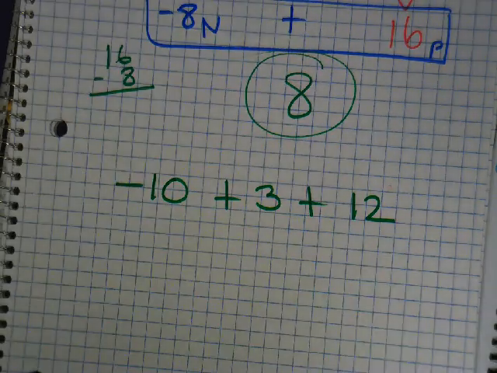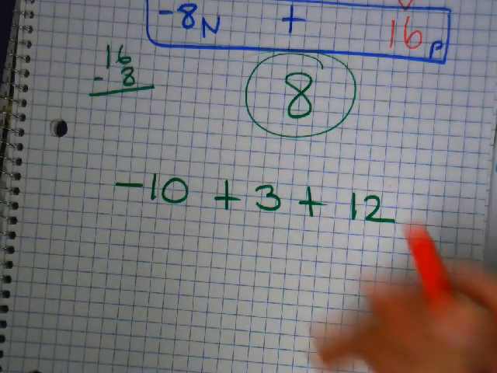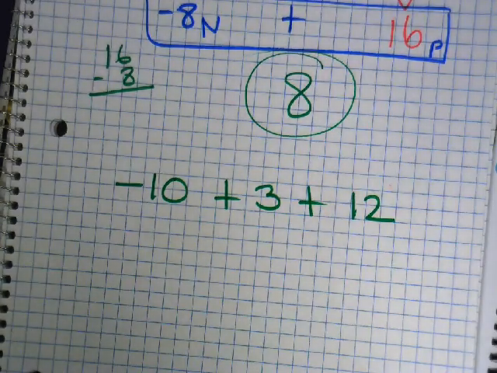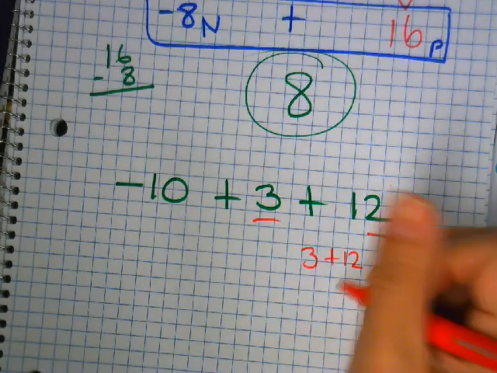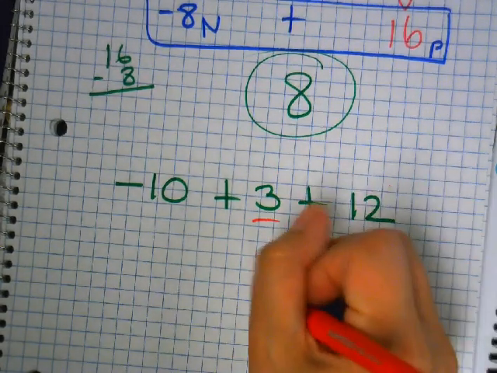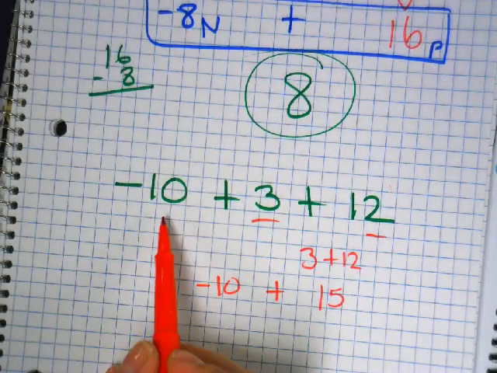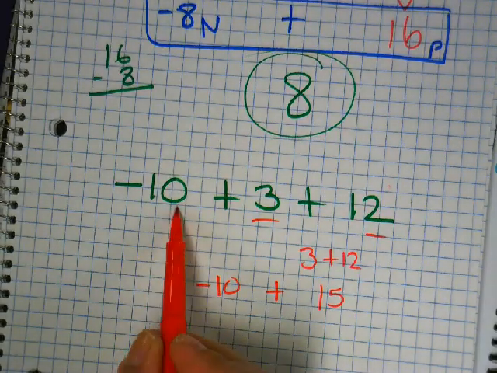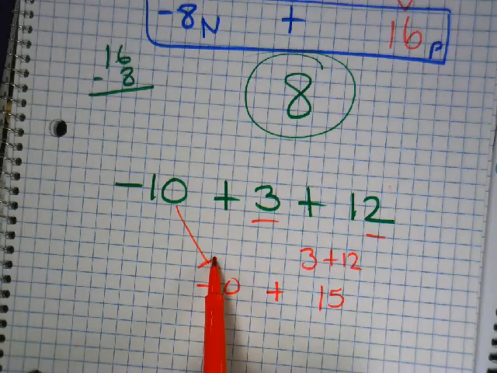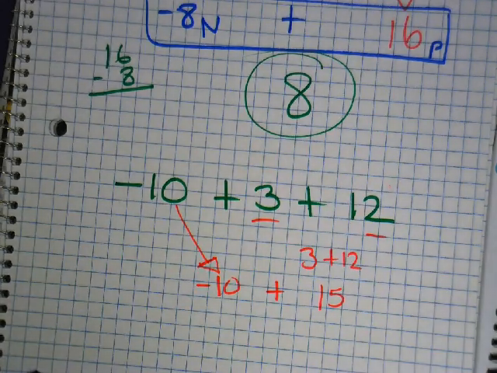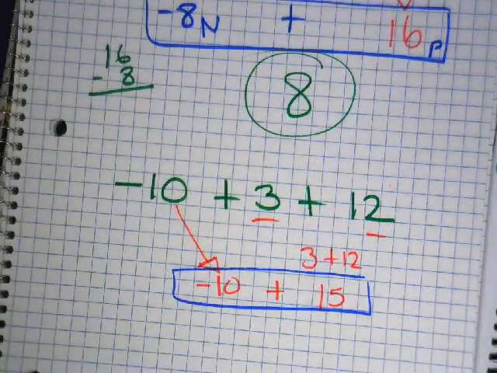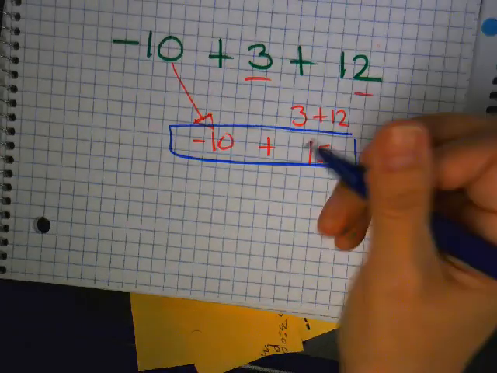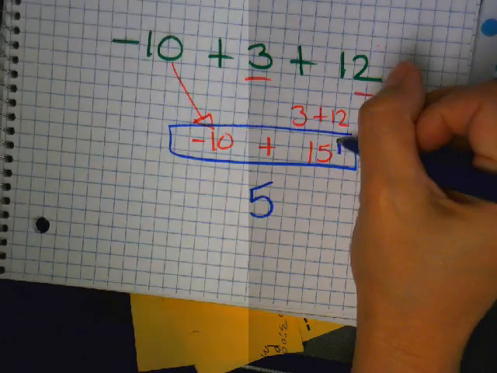Add the 2 positives. What's 3 plus 12? 15. Plus negative 10. Is there anything I can combine the negative 10 with at the beginning? No. So you just bring it straight down, since there's just 3 numbers, right? And now the last thing we've got to do is this problem. What's negative 10 plus 15? Positive 5. There are more positives than negatives.